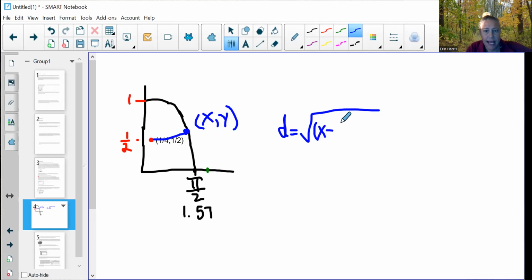You can just recognize that it's always the difference of the x values, squared, plus the difference of the y values squared, all under the radical, of course. So I'd have y minus 0.5 squared, all of it under the radical.